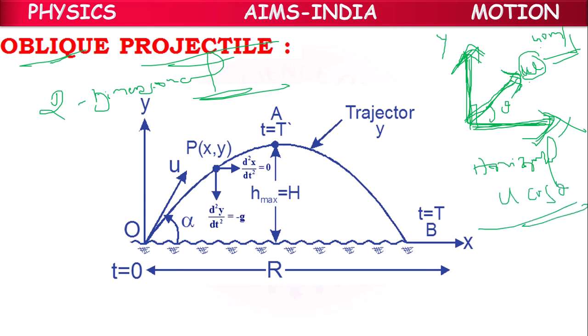Here u is the velocity with which it is thrown, theta is the angle made with the ground. In the same way, the vertical component, the velocity acting along the vertical direction, will be u sin theta.